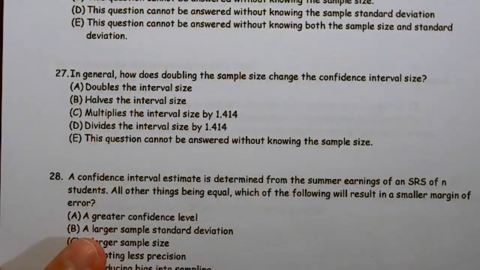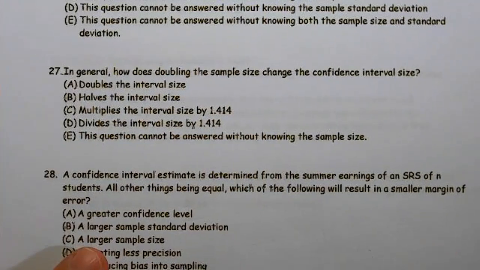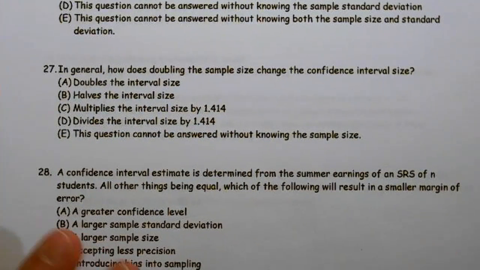Two confidence interval estimates from the same sample are 72.2 to 77.8 and 71.3 to 78.7. One estimate is at the 95% level and the other is at the 99% level. Which is which?